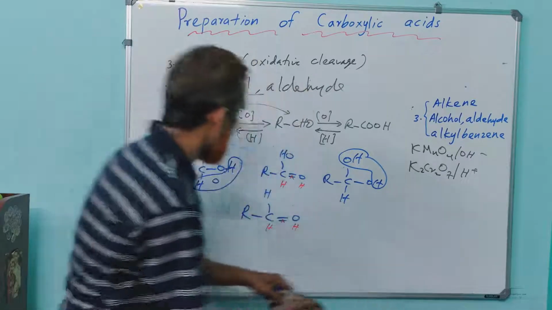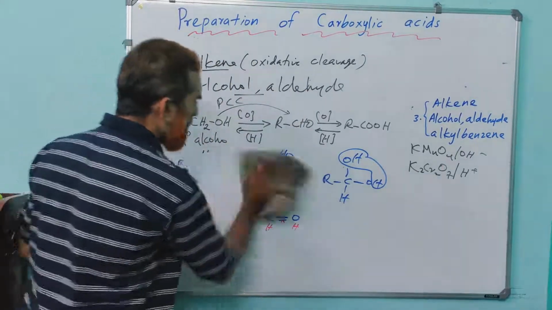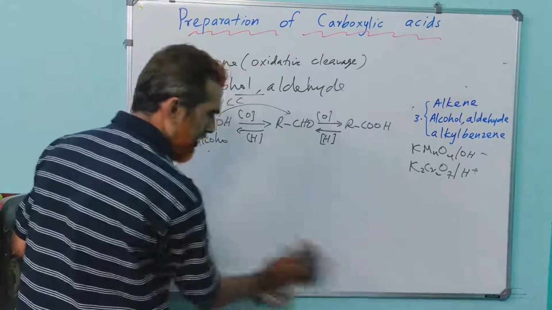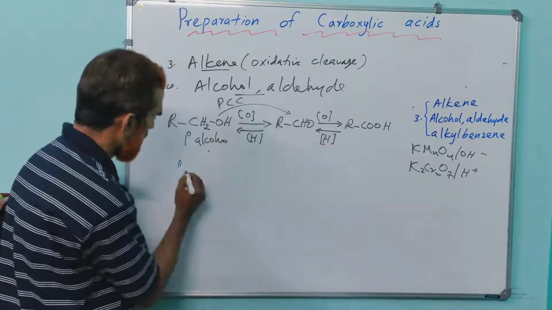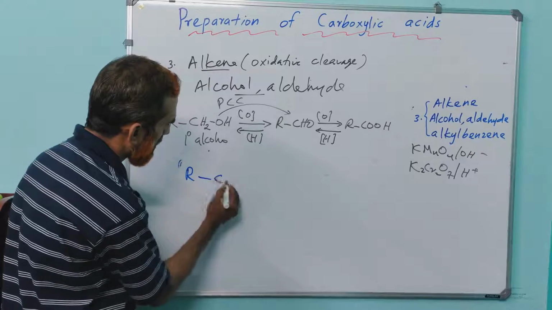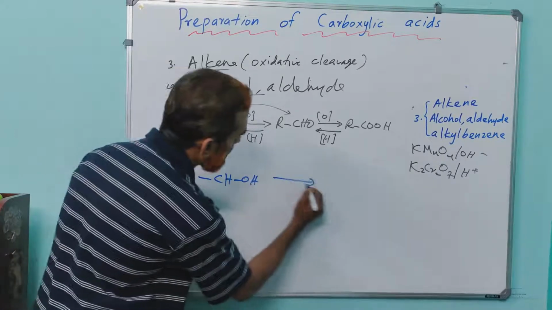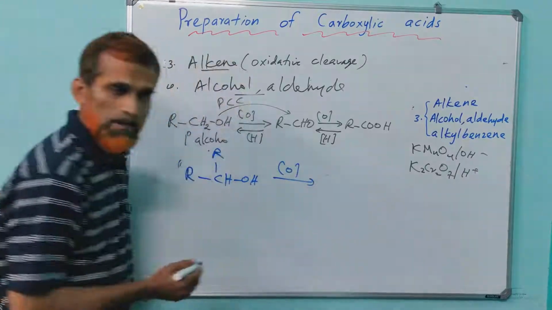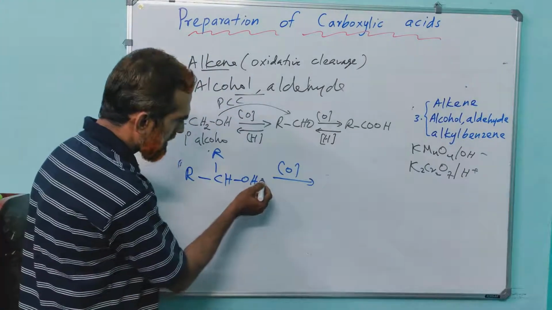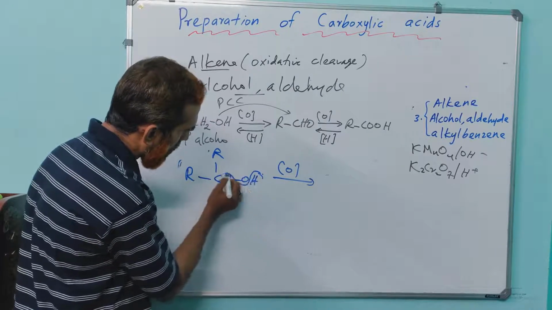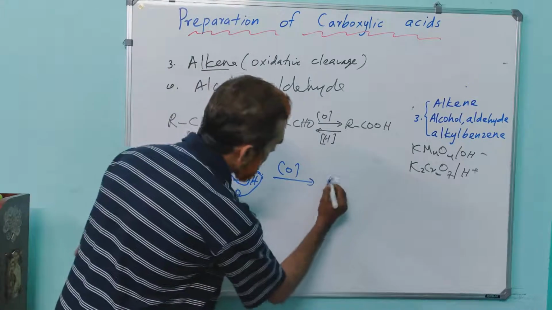Okay. Now, if it is a secondary alcohol, what about the oxidation? If you are using secondary alcohol, for example, there are two R groups, CHOH. This on oxidation using alkaline KMnO4, what happens is that if you are adding oxygen, that will take away water like this, and it becomes what?